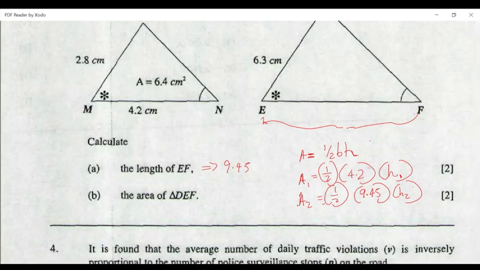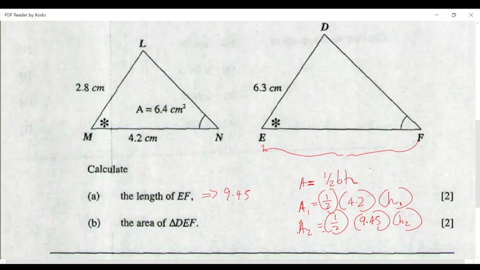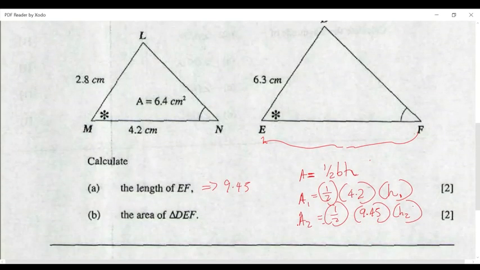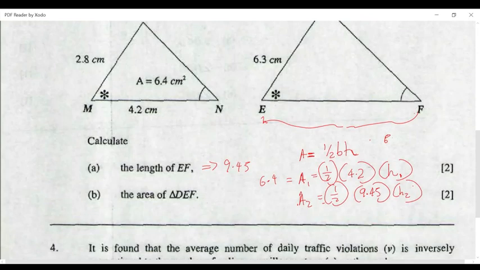So then, what do you notice? These areas should be proportional. Therefore, we know the area of the small triangle is 6.4, right? So since the area for the small triangle is 6.4 cubic meters, we just need to find the height, and then we can use the same ratio that we have essentially.